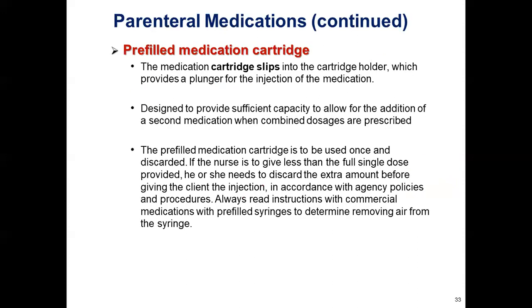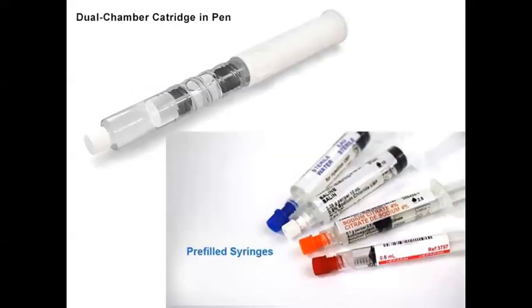Now, a question: if you want to travel somewhere, it is difficult to carry the medication. At those times we use something like this, called a dual chamber cartridge pen. Like if you need insulin, you open it up, put it inside, and then discard it. And this is called a prefilled syringe.